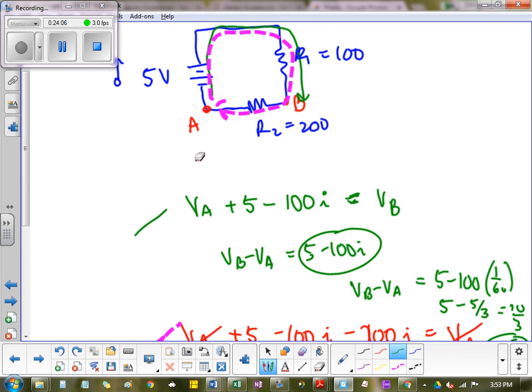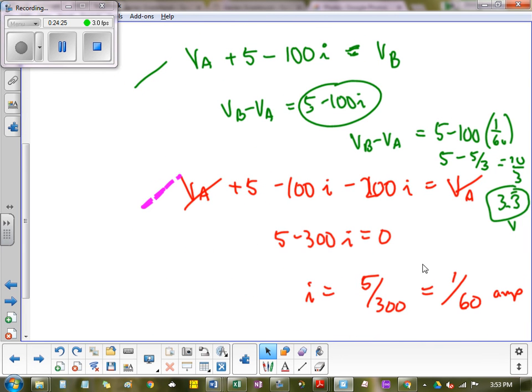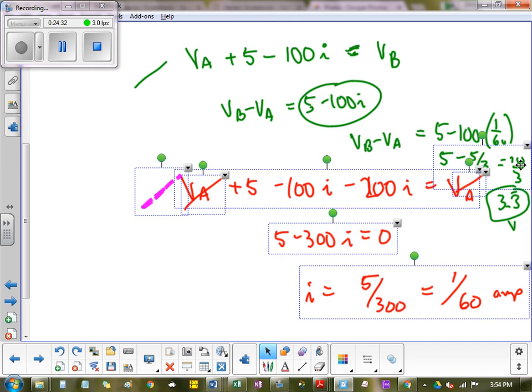Okay. Now, this is a good question. We took the green path across the top, but what if we had taken the green path along the bottom? You know what I mean? Why not? So let's take a look at that scenario real quick. Suppose we had gone all the way around and formed that loop equation at the bottom and learned that I was, like I said, 1/60th of an ampere.